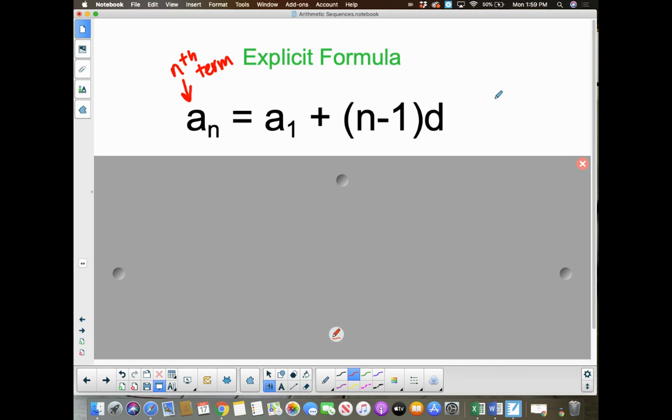And that term number is also that n. So if I'm asking for the 35th term, then 35 will go in for n. Our a sub 1, we've already talked about, is our first term. And d is our common difference.